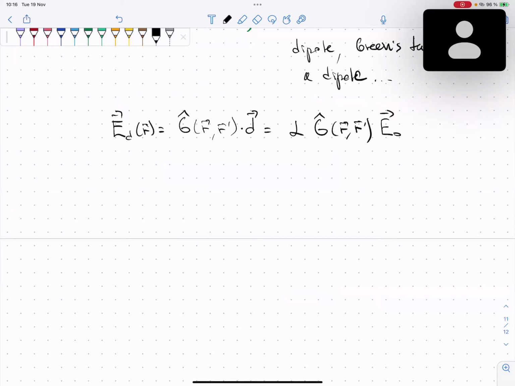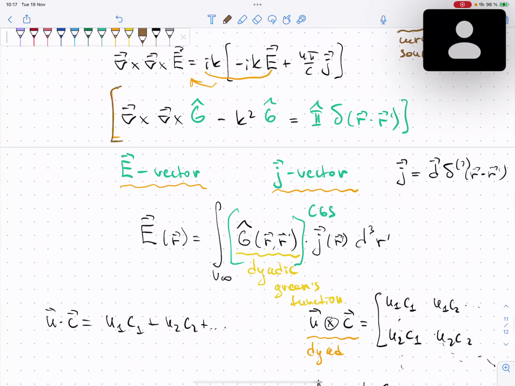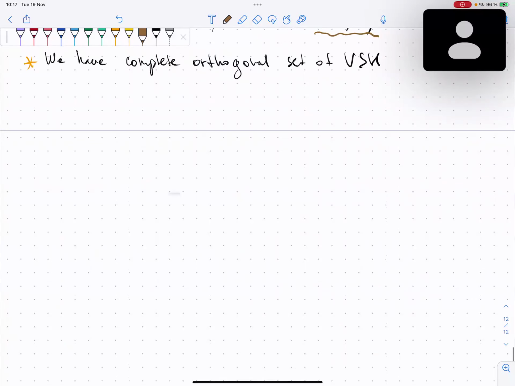But on the other hand, because we remember that we have a complete orthogonal set of vector spherical harmonics, there is actually an expression for the Green function of this Helmholtz equation in terms of vector spherical harmonics.